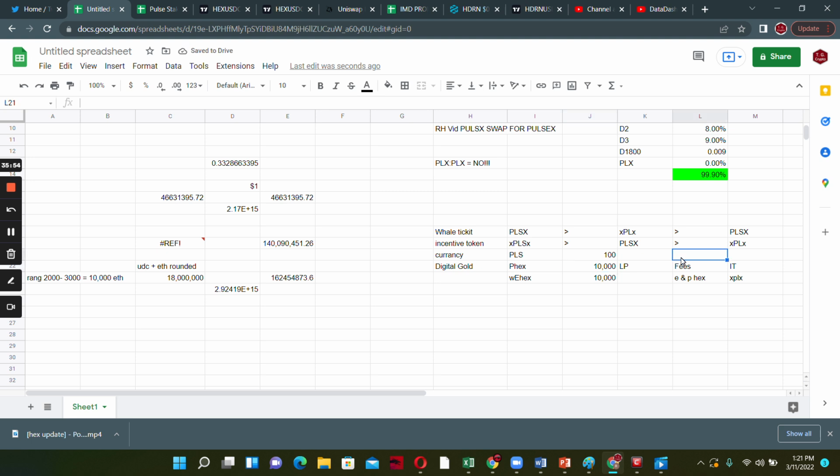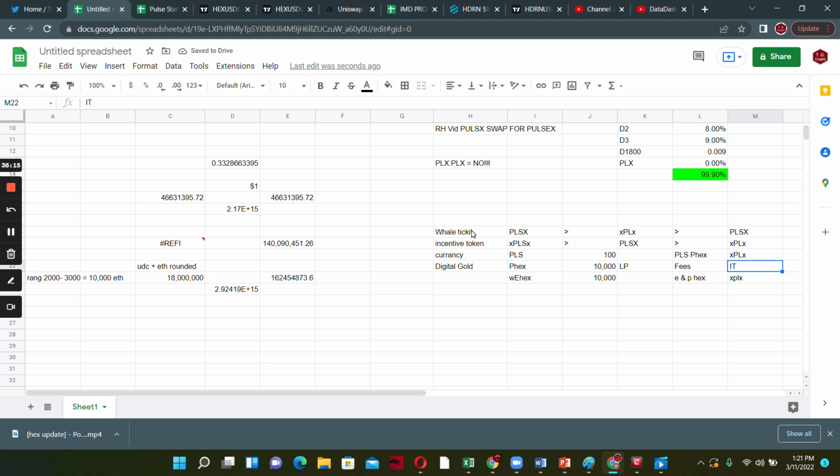Well, you still get fees, but now it would be in PLS, and we staked in PHEX, so that would be how we get the fees. And then when we stake our incentive, we'll also get incentive token, always the same incentive token.